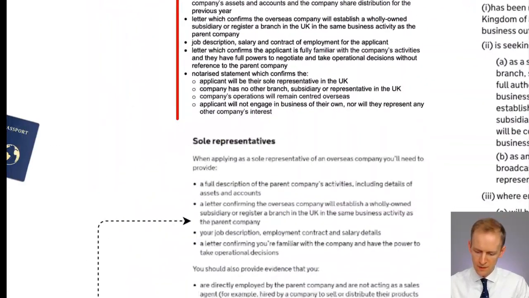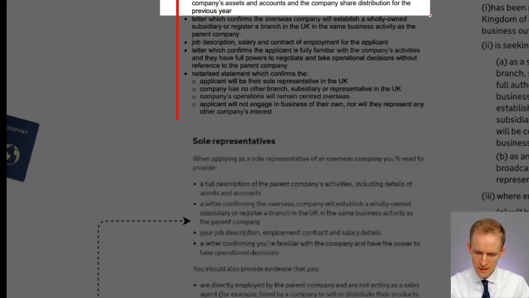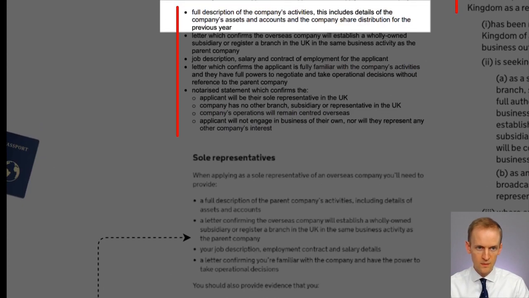So you've got to supply a full description of the company's activities. This includes details of the company's assets and accounts and the company share distribution for the previous year. Let me just move this down, sorry. Apologies, so you should be able to see that now at the top of the screen. So full description of the company's activities.